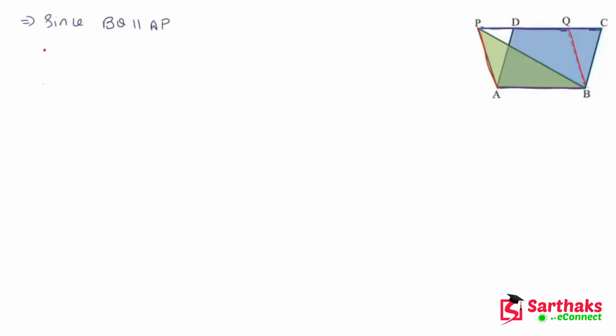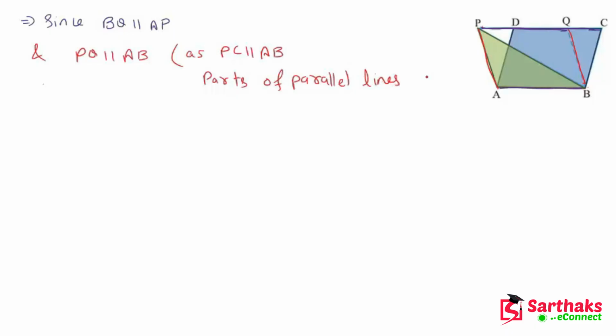And PQ is parallel to AB because we know that PC is parallel to AB. So parts of parallel lines are parallel.